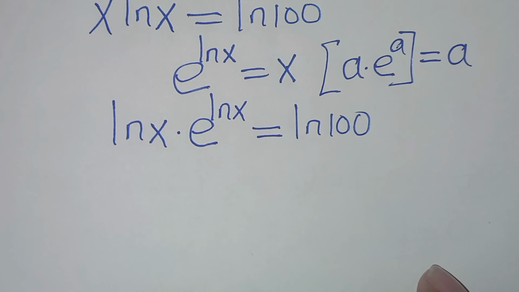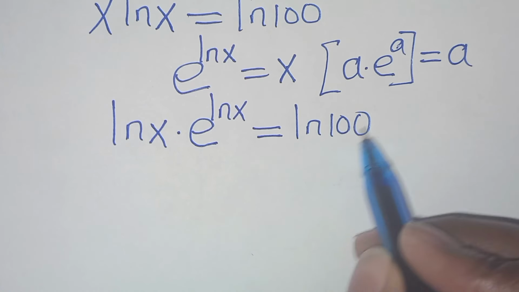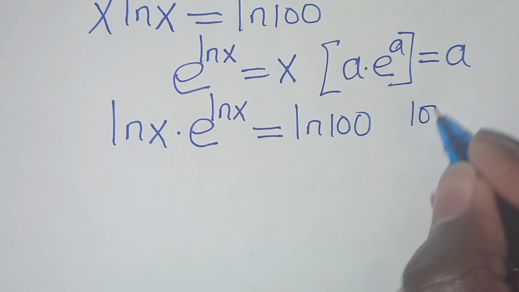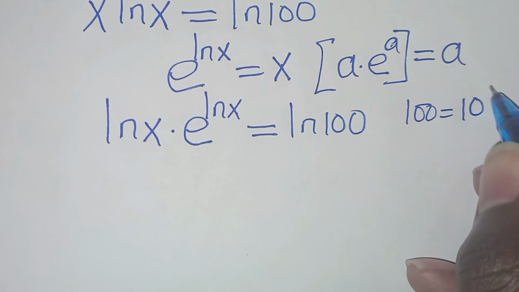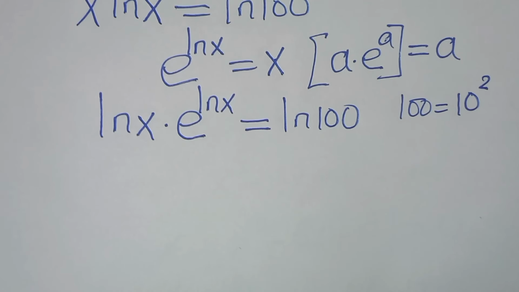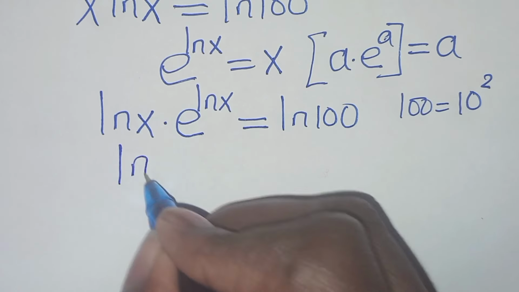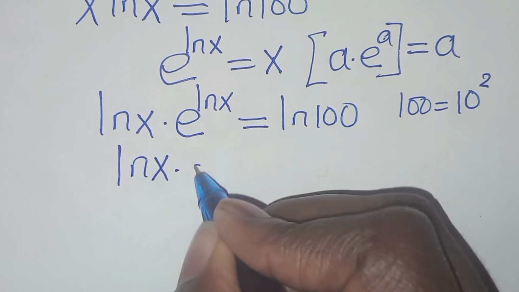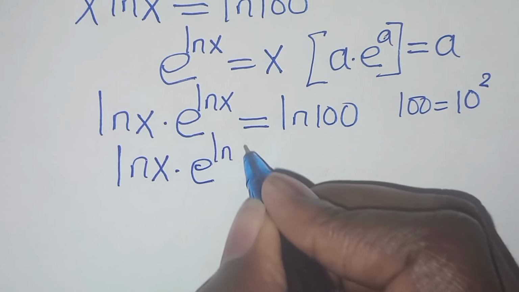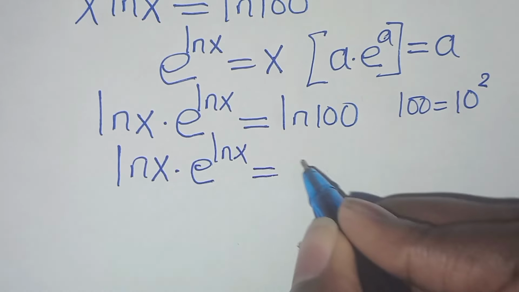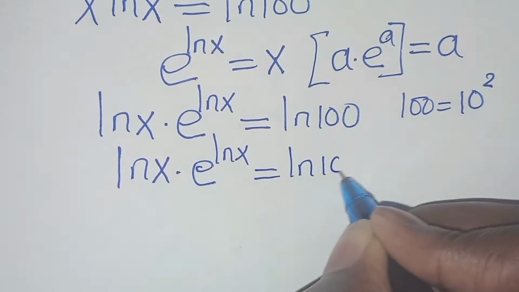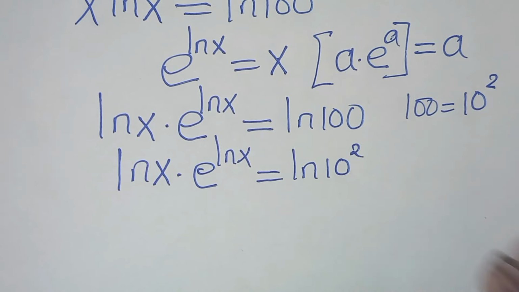Now, the next step from here, we can express 100 as 10 raised to power 2. So this implies we have ln of x multiplied by exponent e to the power of ln of x equal to ln of 10 to the power of 2.